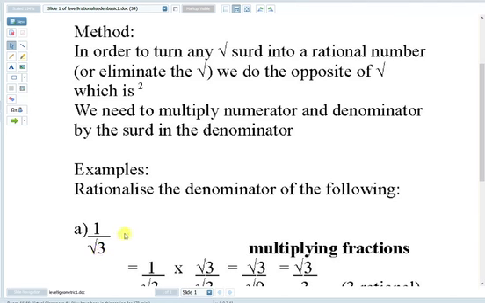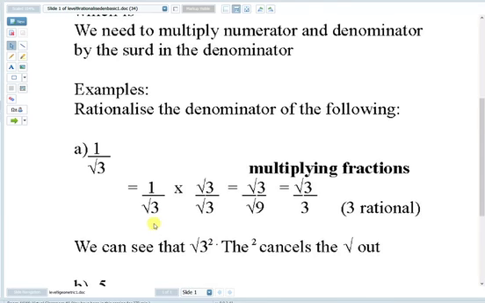And the quickest way of doing that is to times it by itself, i.e. as squared. Okay, so basically what you do to the bottom in a fraction, you do to the top. It's not the only way of changing it into a rational number, but it's the easiest way, is to times it by itself.